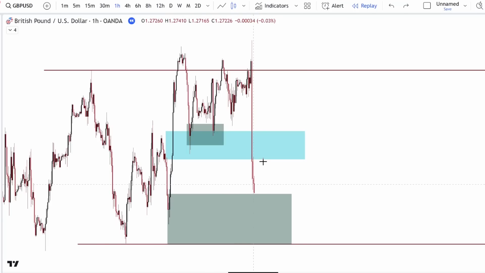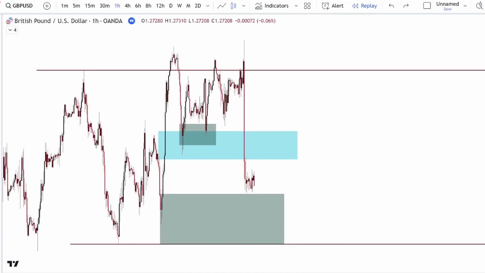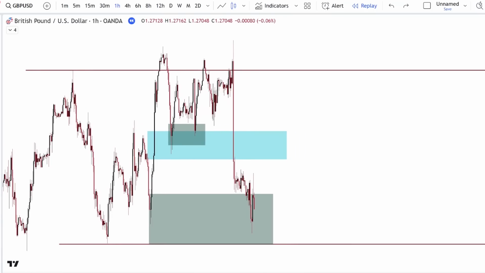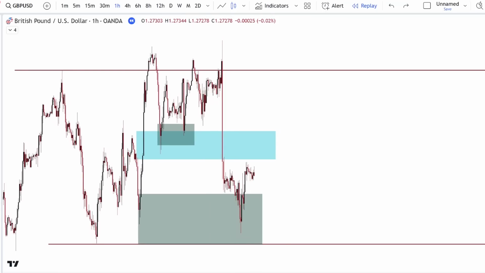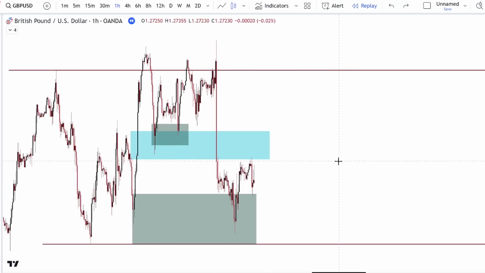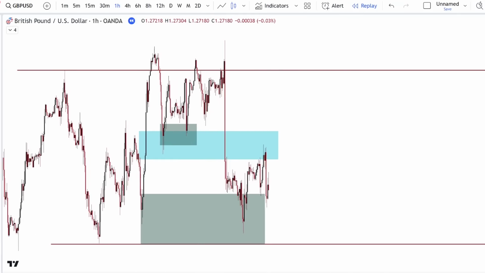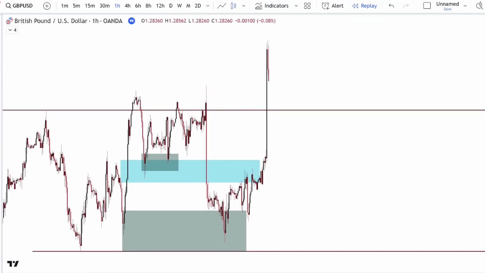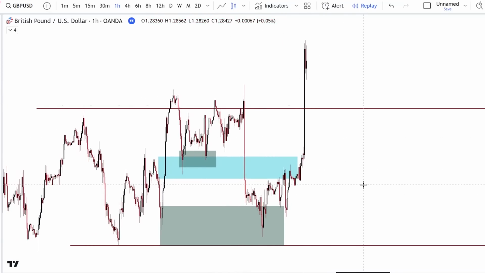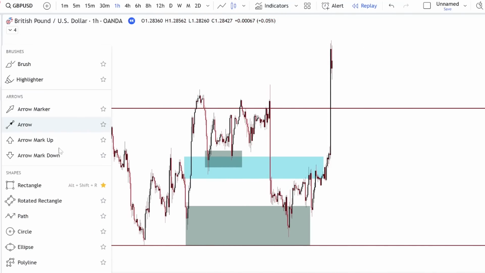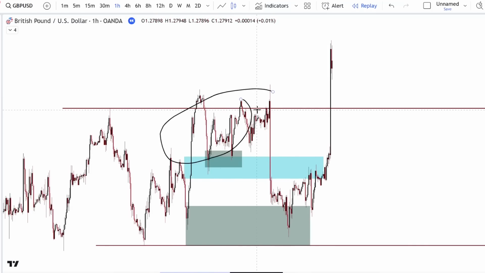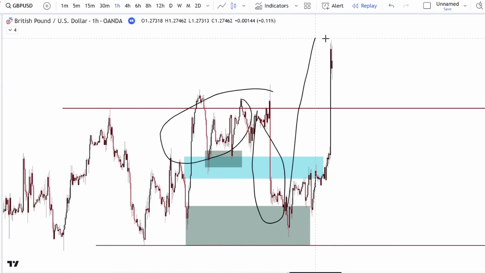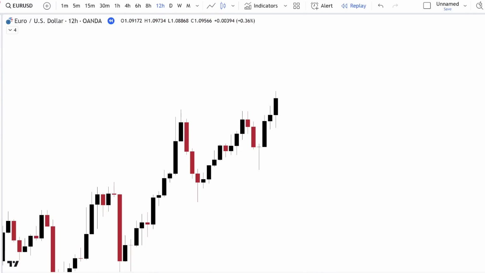Continue inducing them, and boom, price comes down here, goes to the discount level, and continues the bullish trend. So again, price accumulated, manipulated, and distributed. So let's look at another example.